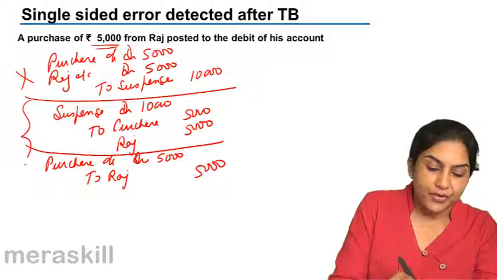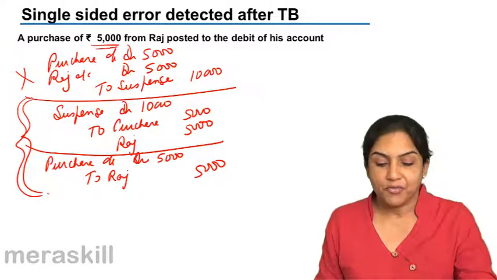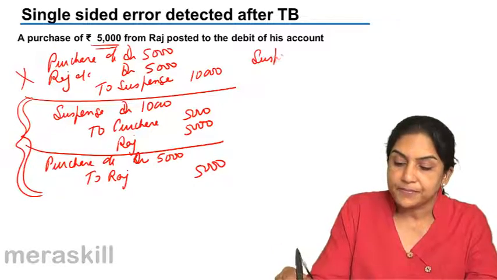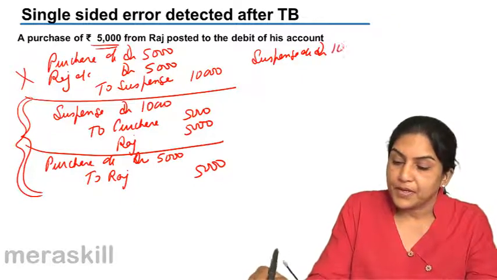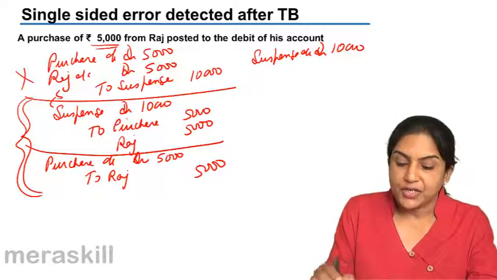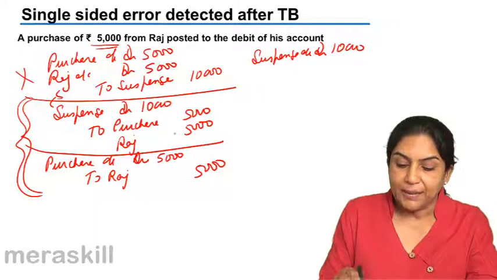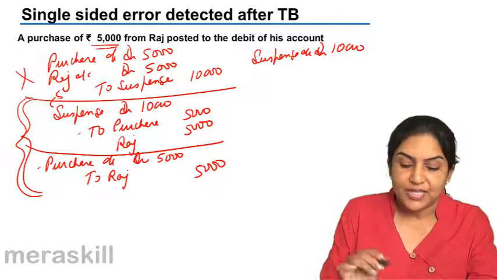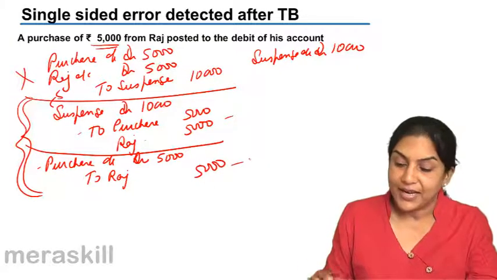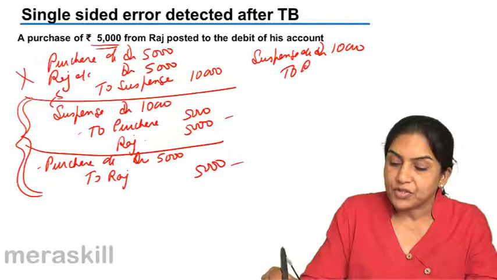Combining these two entries, what is the effect we get? We get suspense account debit 10,000. Purchase account is credited by 5,000 and debited by 5,000, so it cancels out. Raj's account is credited by 5,000 and again credited by 5,000.